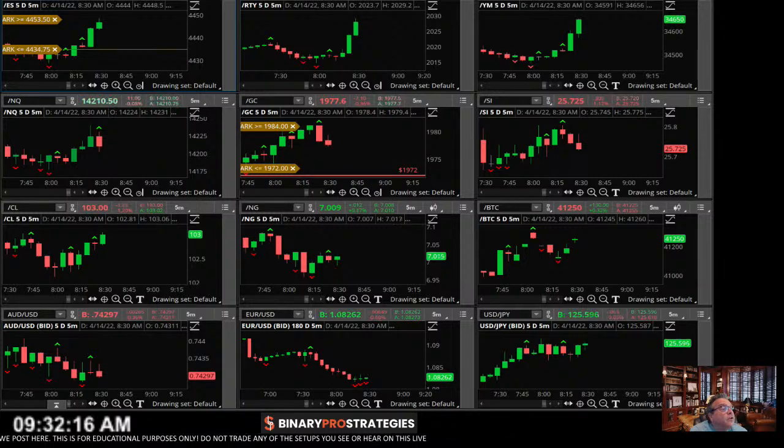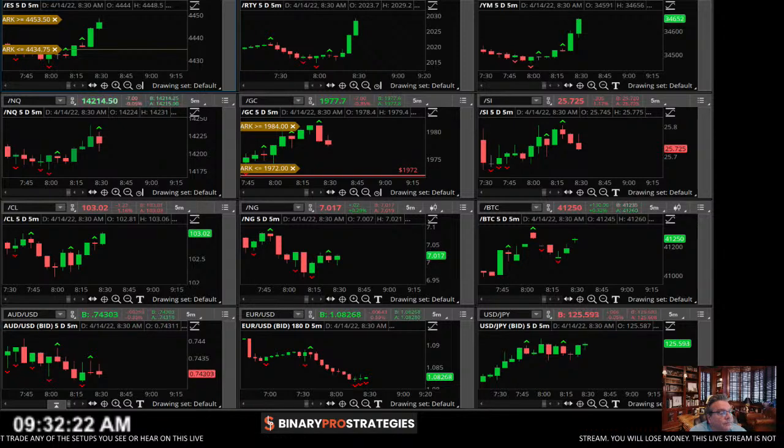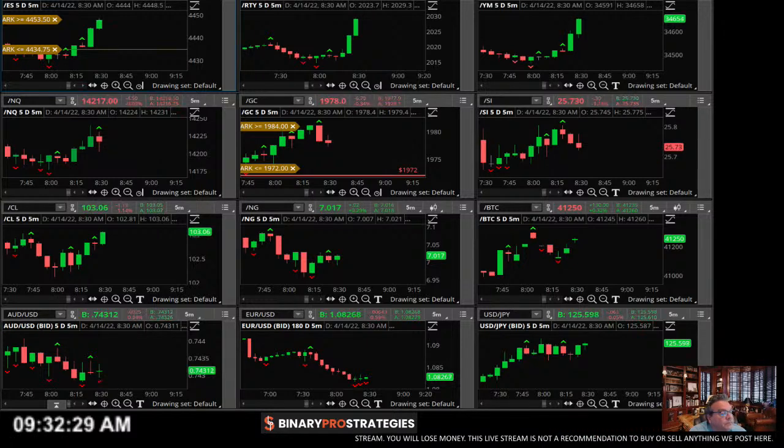Target on crude is going to bring us up to 103.45. That is going to be our profit target. If we don't hit target, we will reverse at 102.25.